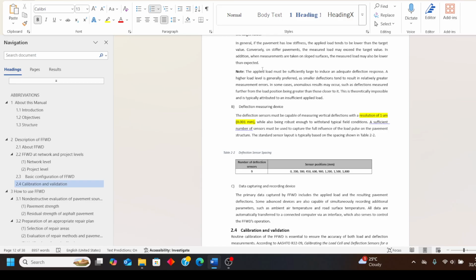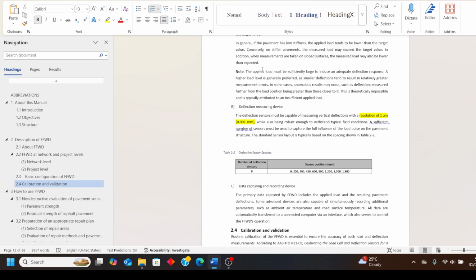The load must be strong enough to generate clear deflections, otherwise we may get impossible readings, like the far away sensors showing bigger deflections than the closer ones.